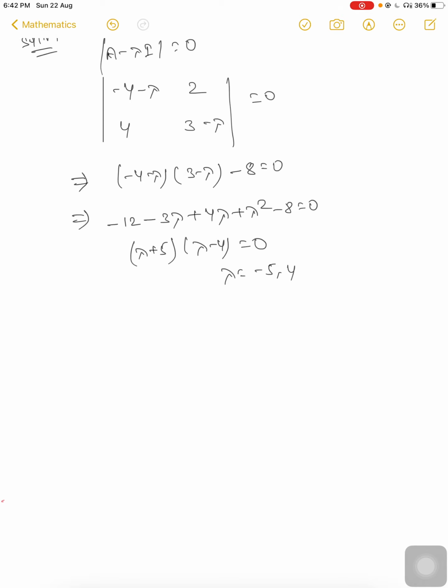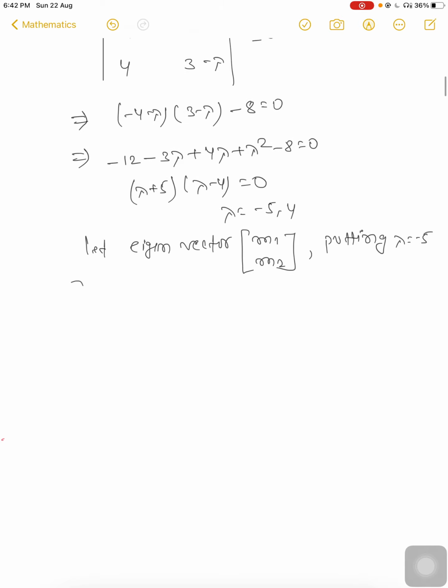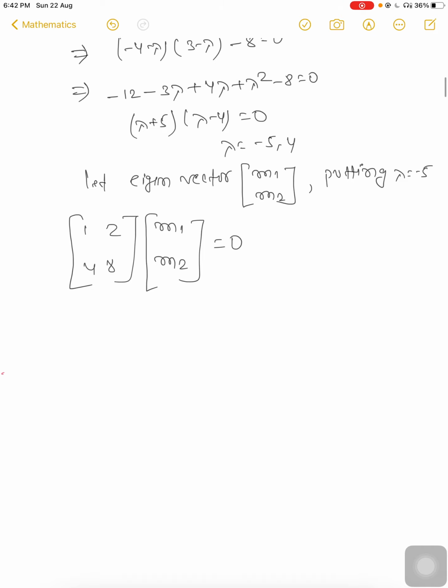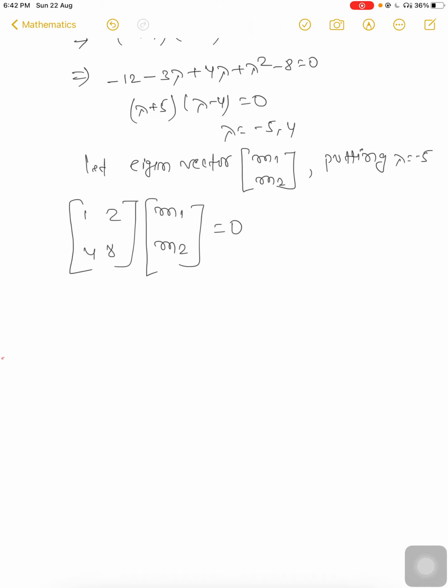For the eigenvector, let the eigenvector be m1 and m2. Putting lambda equal to minus 5, we get the matrix 1, 2, 4, 8 times m1 m2 is equal to 0.